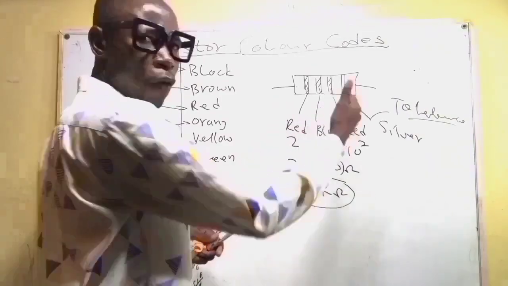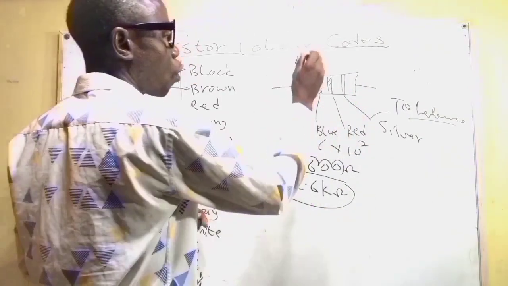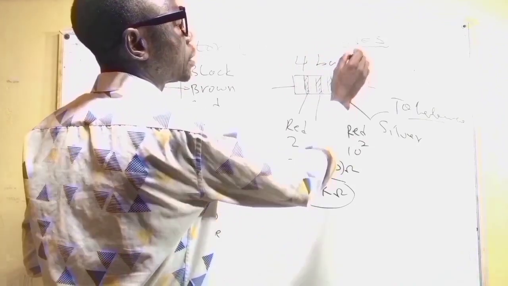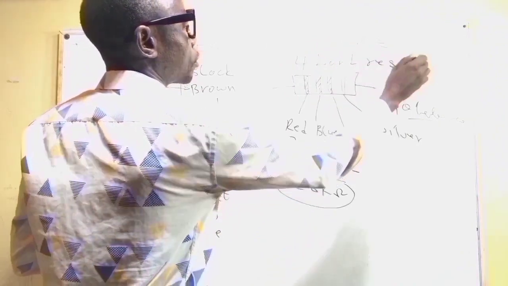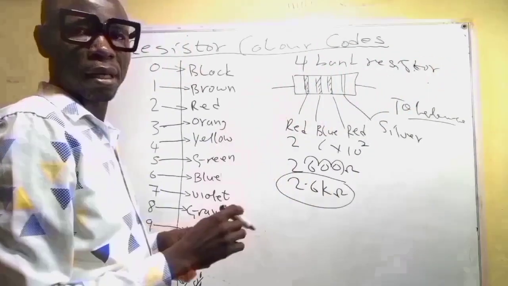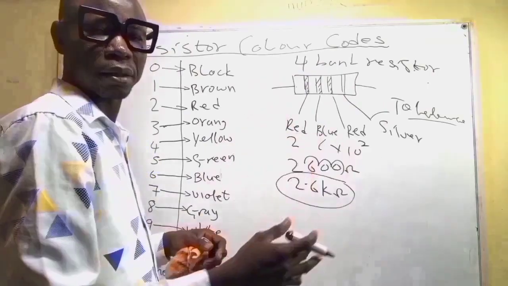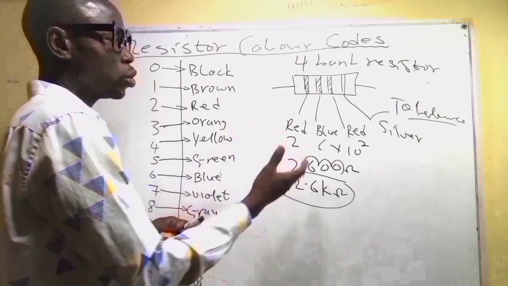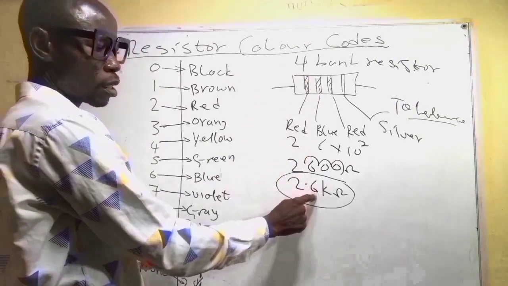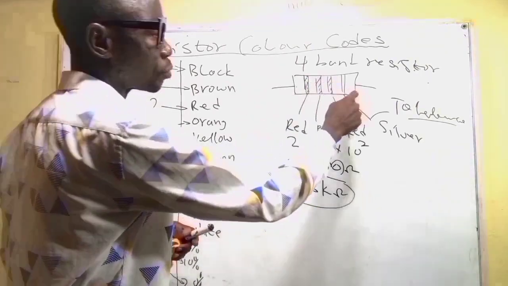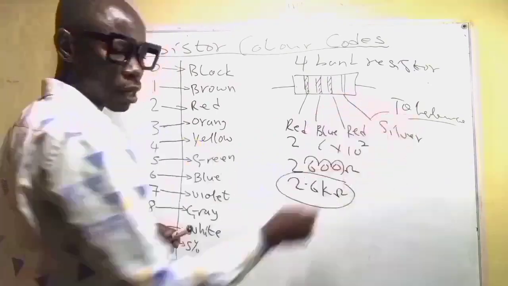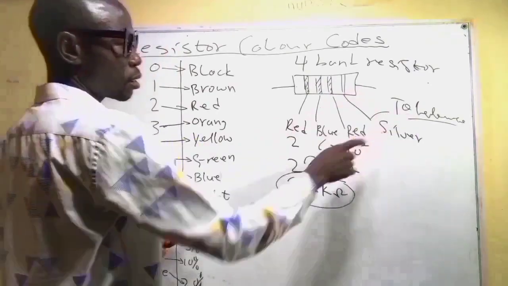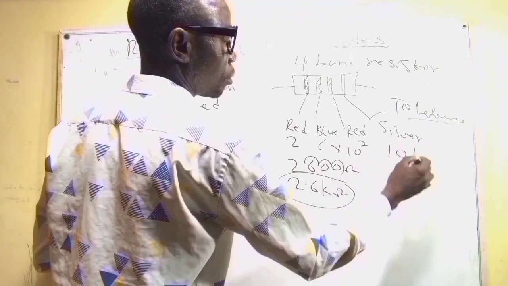So the 4-band, as we are dealing with 4-band resistor. We have resistors which are 5-band, 6-band, but here we are dealing with 4-band resistor. So to find the tolerance of 2.6 kilo ohms, you calculate for the tolerance, and the tolerance here is silver, and the silver is 10%.